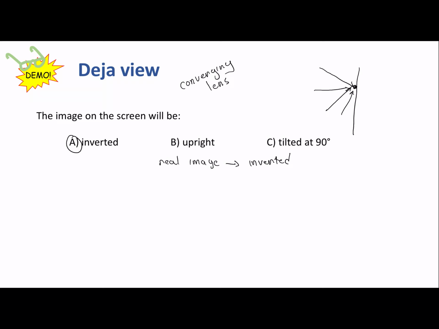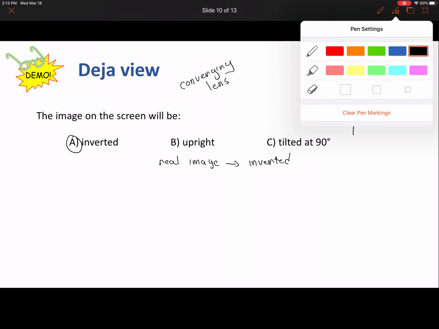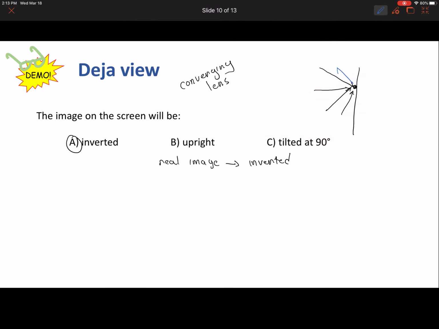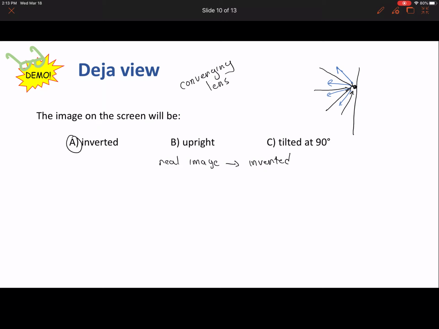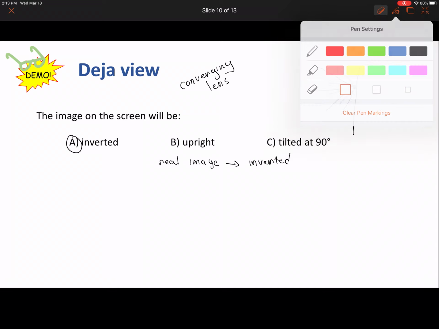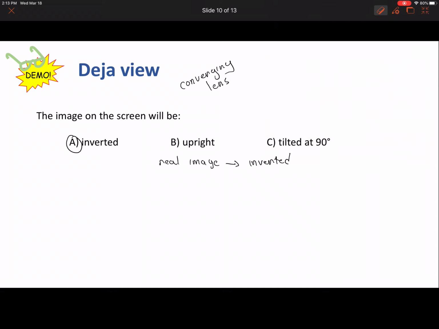So if you can get light to converge on that point on the screen, and then it will be reflected from the surface of the screen, like this, it'll look to someone like the object is actually being represented up on the screen. So real images are the only kinds of images that can be projected on screens.